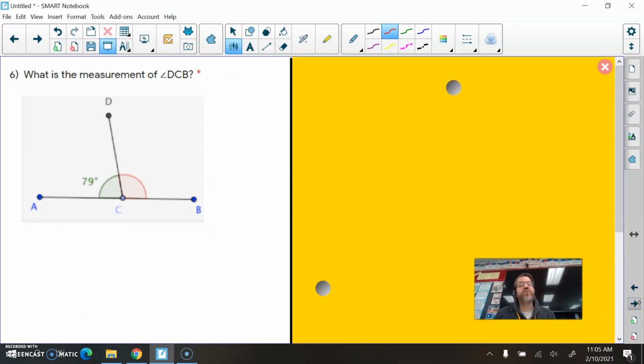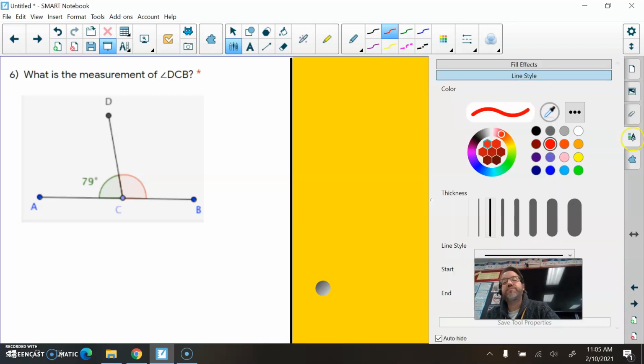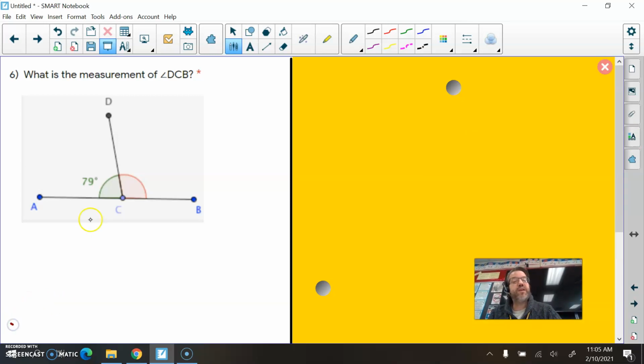All right, in number 6, what is the measurement of angle DCB? Well, angle DCB is this angle right over here. I know that angle ACD is 79 degrees. So how could I find the angle measurement for angle DCB?